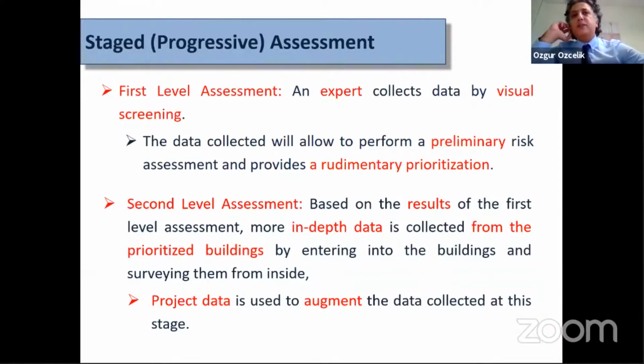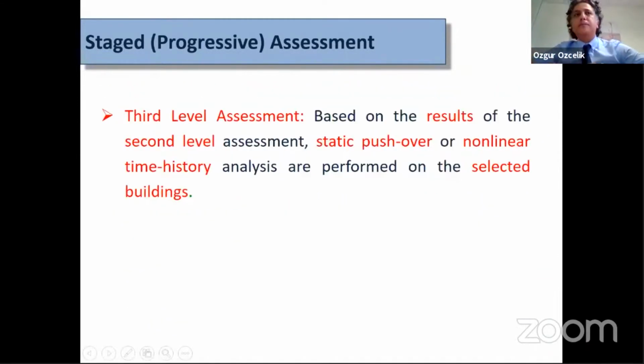So for the second level assessment, based on the results of the first level assessment, more in-depth data is collected from the prioritized buildings by entering into the buildings and surveying them from inside. And actually, project data is used to augment the data collected at this stage.